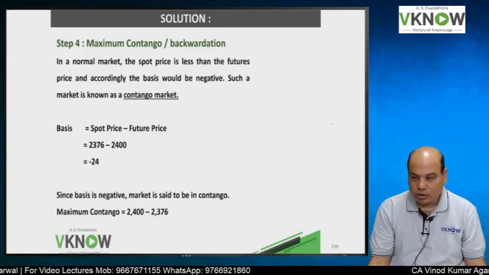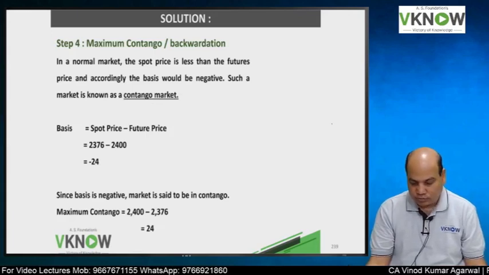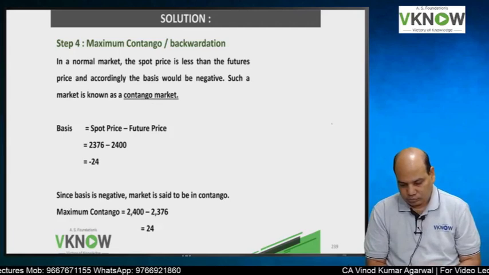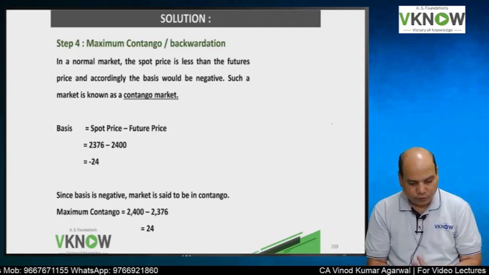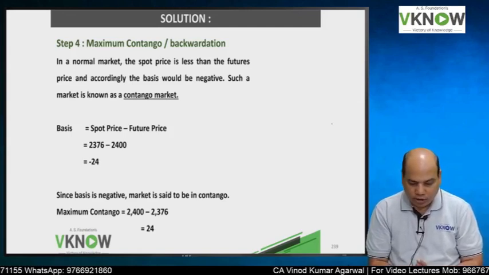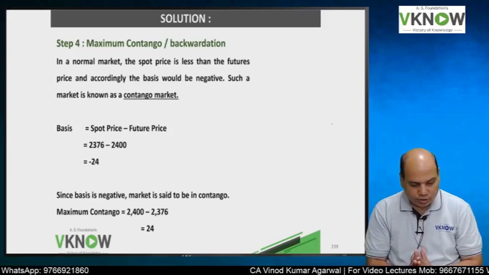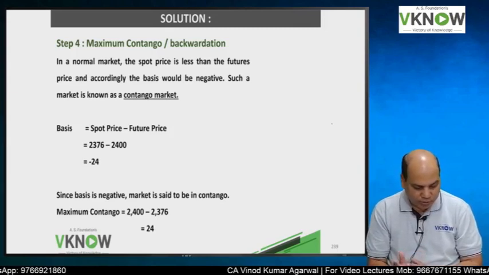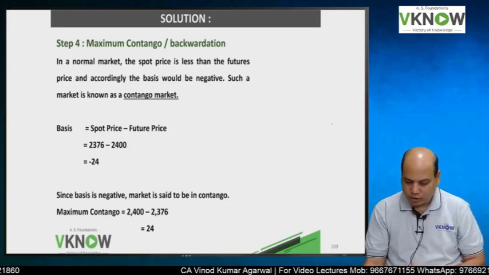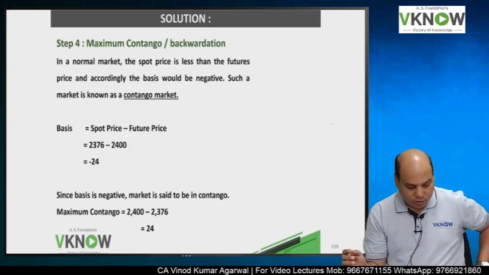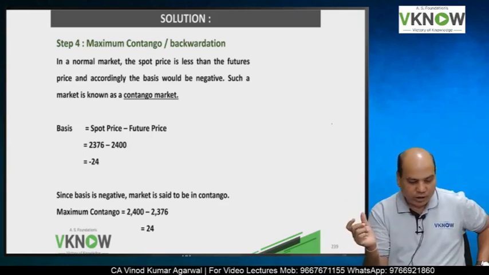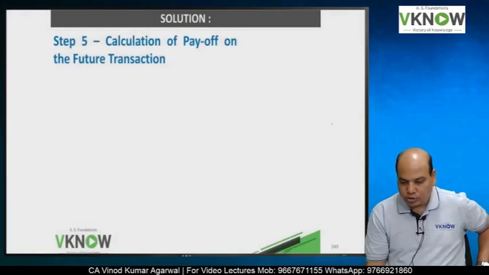Therefore, maximum contango is equal to 24 rupees, where 2400 is your future price and 2376 is your spot price. Okay, so the formula for basis is spot price minus future price. If it is negative, it is contango. One more question.